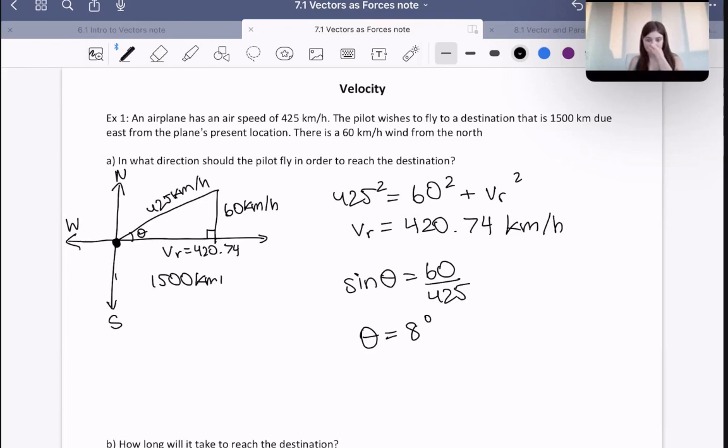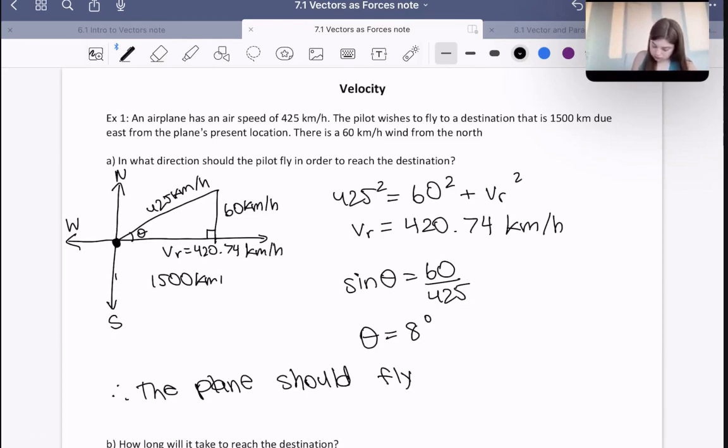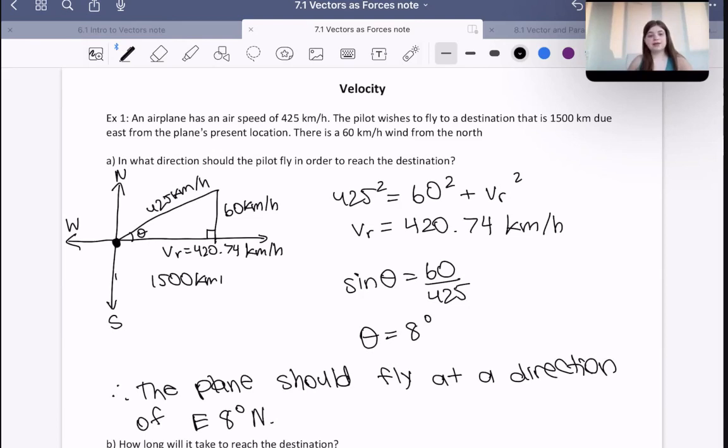So therefore, the plane should fly at a direction of east, 8 degrees north. And there we have it. We're all good.